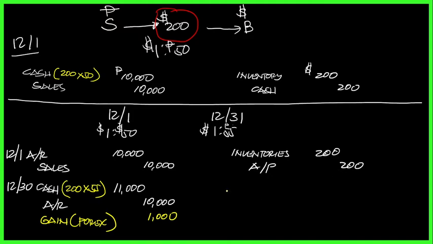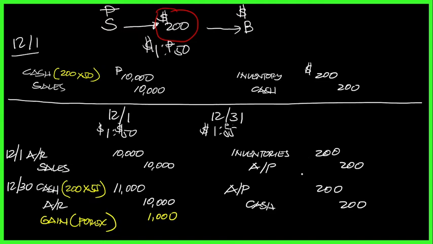Anyway, let's continue. In the books of the buyer, you will have a debit to accounts payable because it will be paid. Accounts payable amounting to 200 and credit to cash amounting to 200.